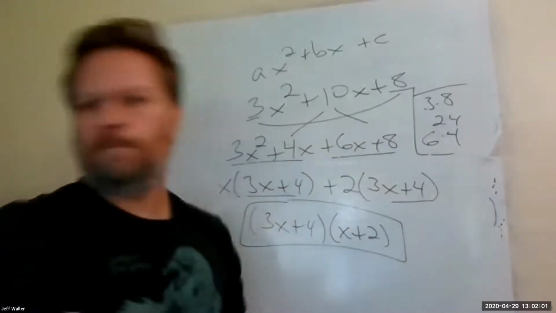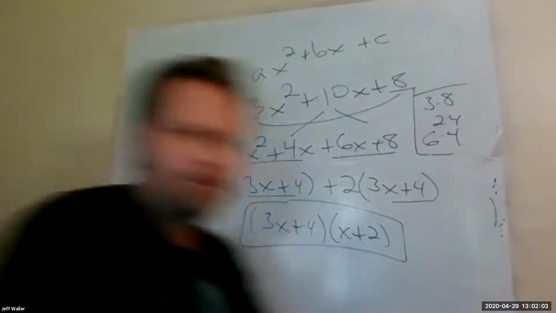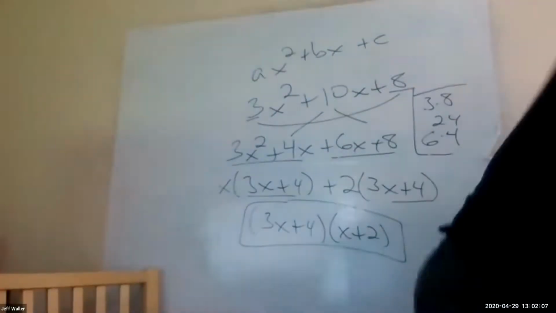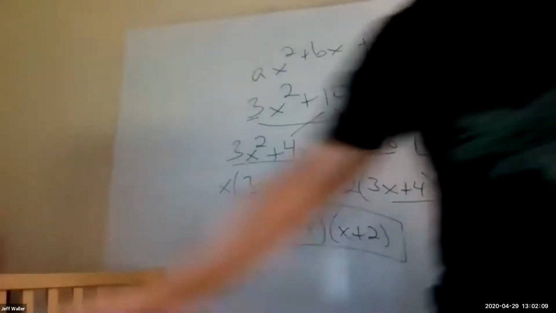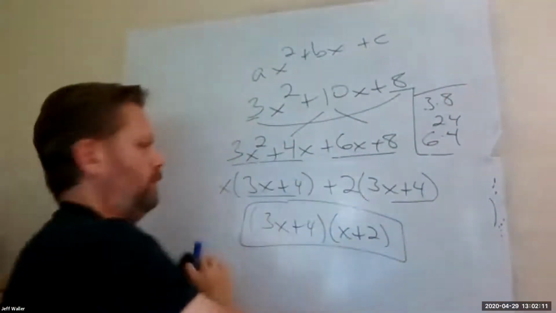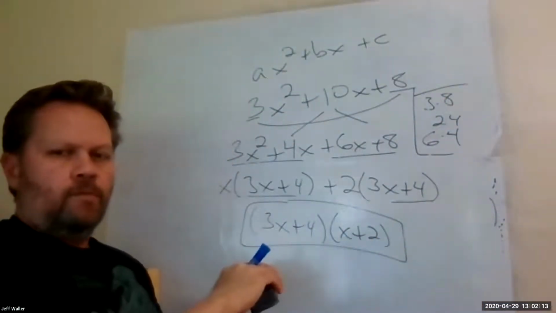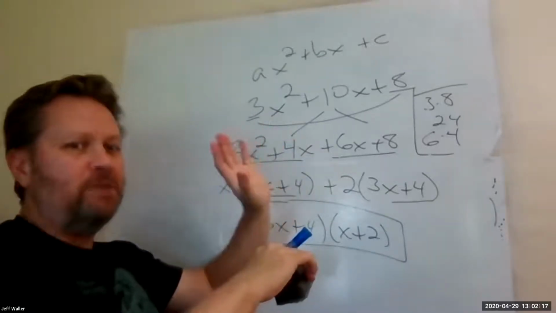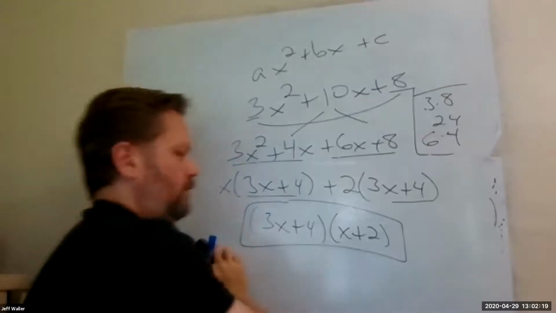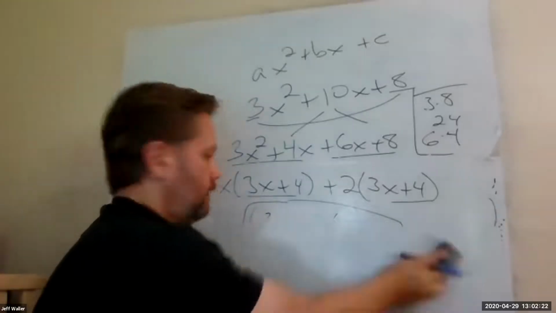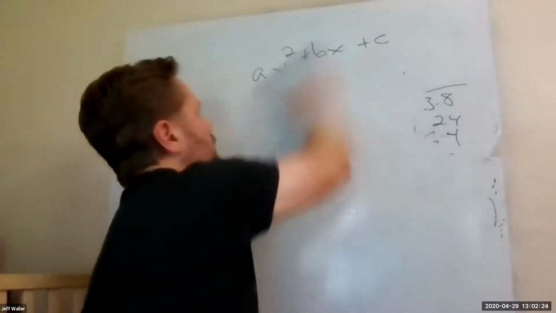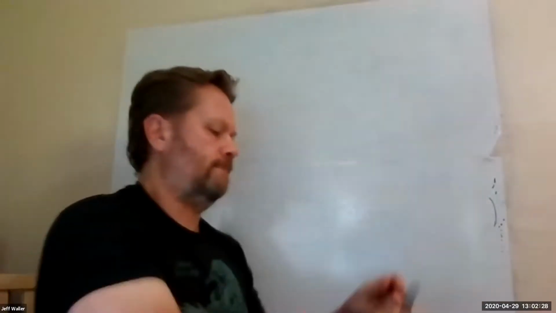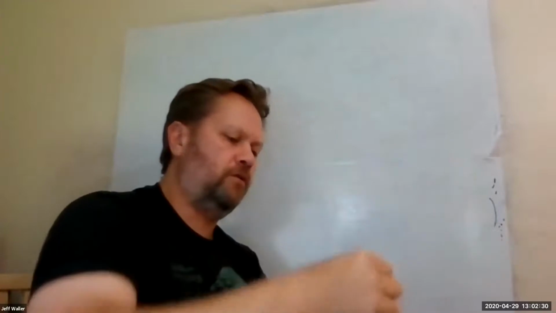So let's do that. Where did I put my poor little, I don't know where that, oh, there it is. All right. So before we do any more of these, let's remember grouping. Okay. Just got some new markers, so hopefully let's see what happens.